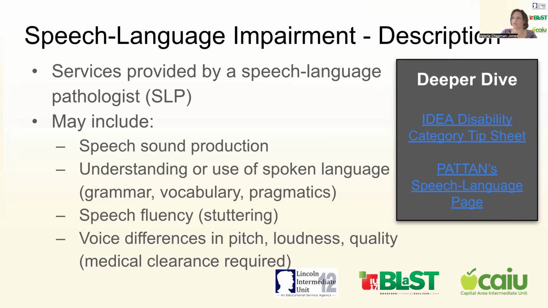In order for a student to qualify for services under a voice disorder, they must have a medical clearance from an ears, nose, and throat professional before they're eligible to receive any school-based services, because they need to rule out that there isn't a medical cause that needs to be treated before services can help that student. And there are some deeper dive resources on the slide for you to learn more about speech and language impairments.